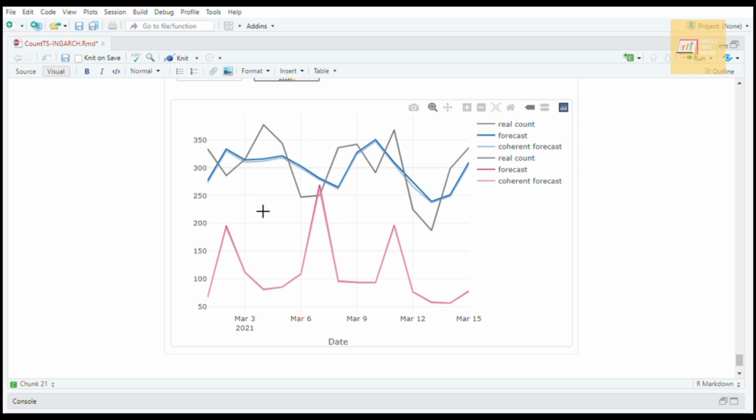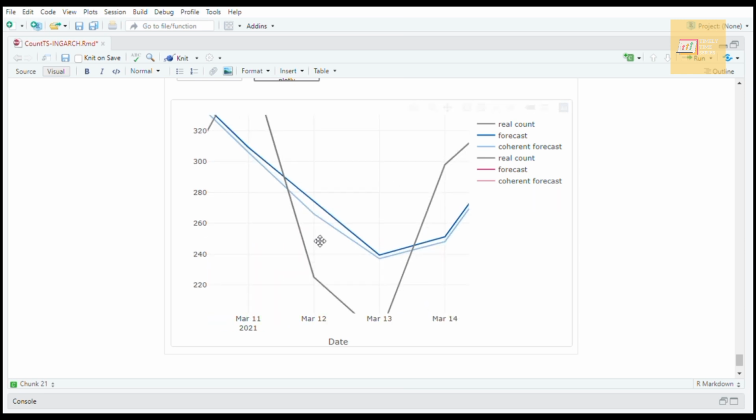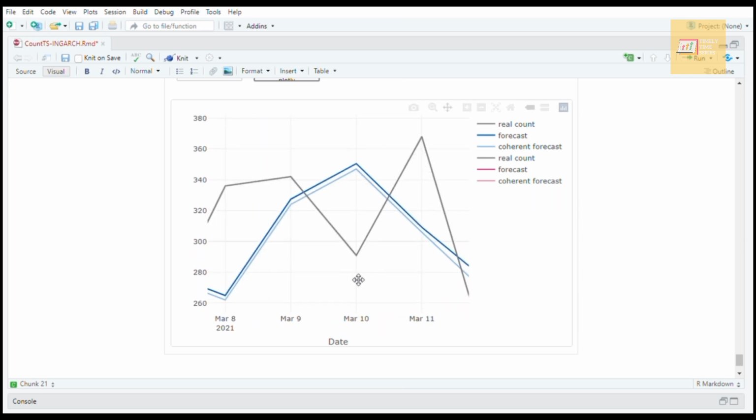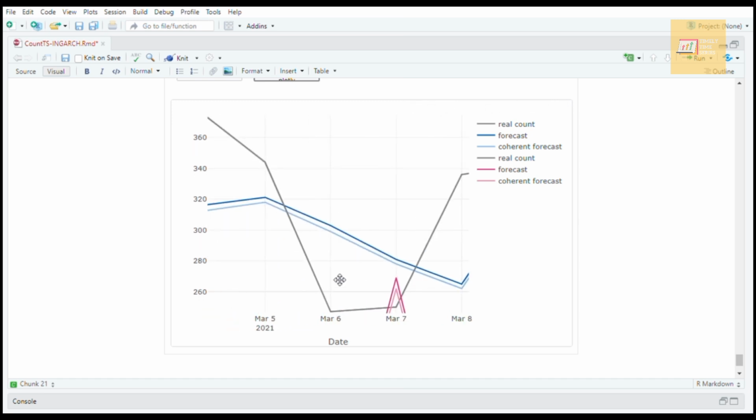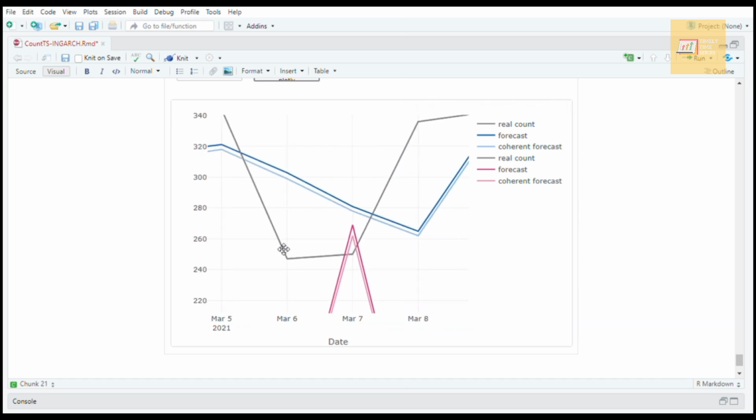They're really similar for both models, so maybe coherent forecast is a better alternative because it makes more sense. Let's zoom in. I'd say the prediction is quite decent. It predicts the directions quite well.